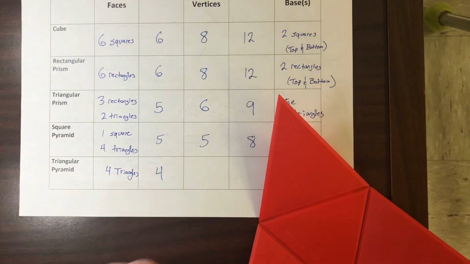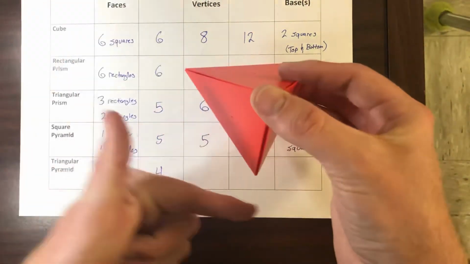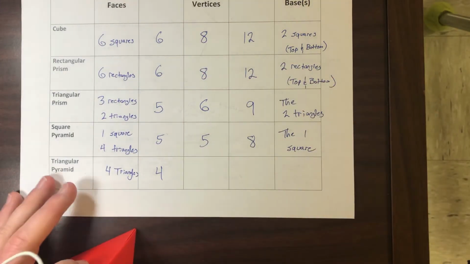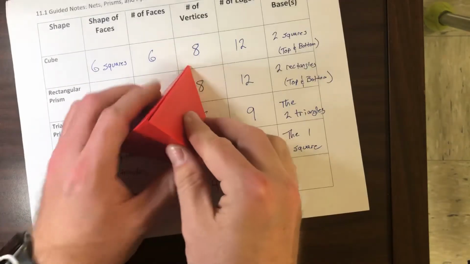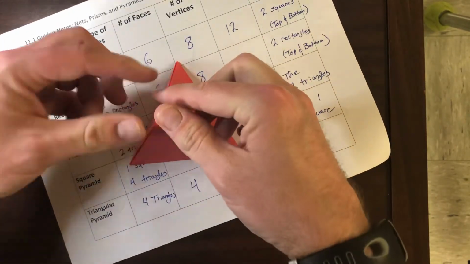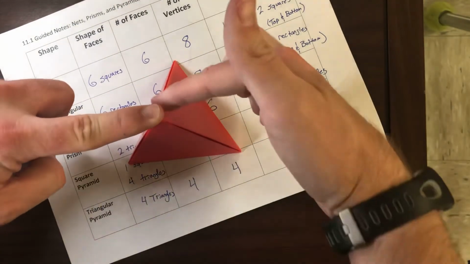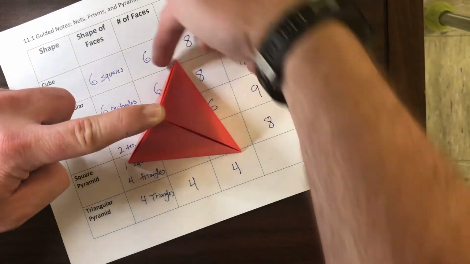How many vertices? Points. We've got 1, 2, 3, 4. How many edges? 1, 2, 3, 4, 5, 6.